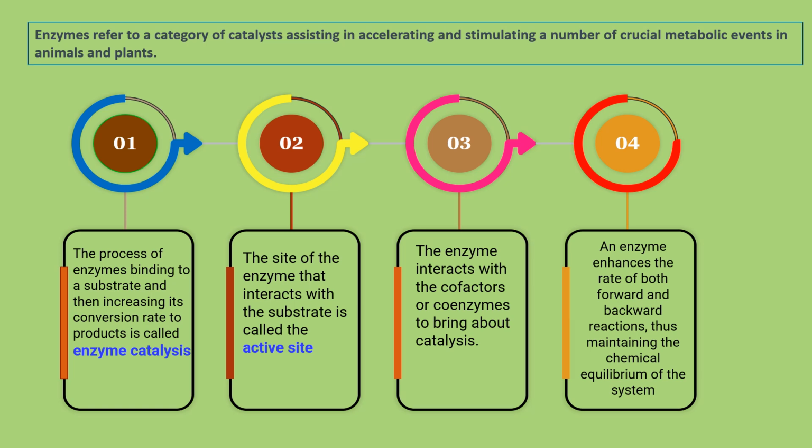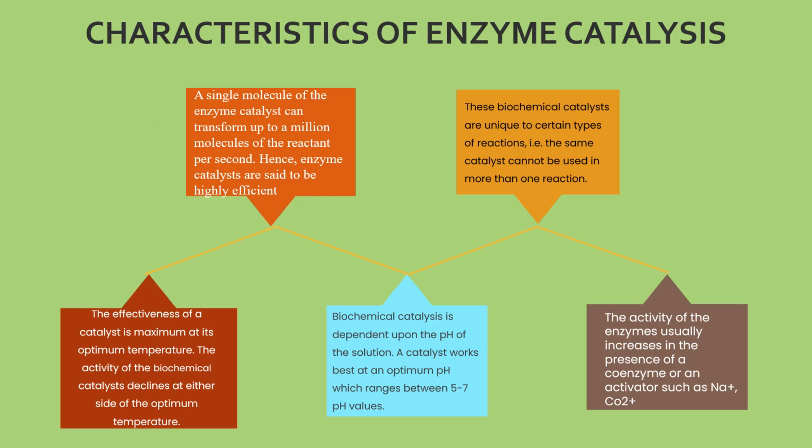The site of the enzyme that interacts with the substrate is called the active site. The enzyme interacts with the cofactors or coenzymes to bring about catalysis. And further, an enzyme enhances the rate of both the forward and backward reactions, thus maintaining the chemical equilibrium of the system.